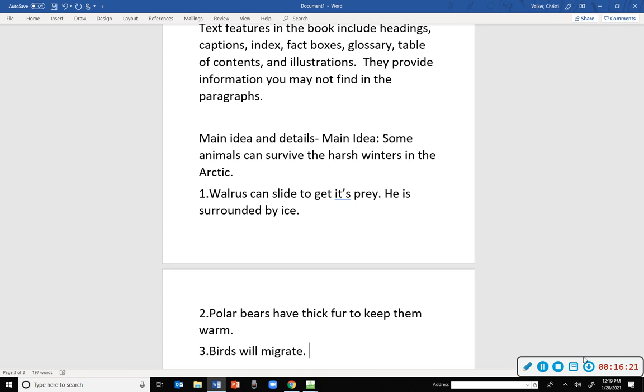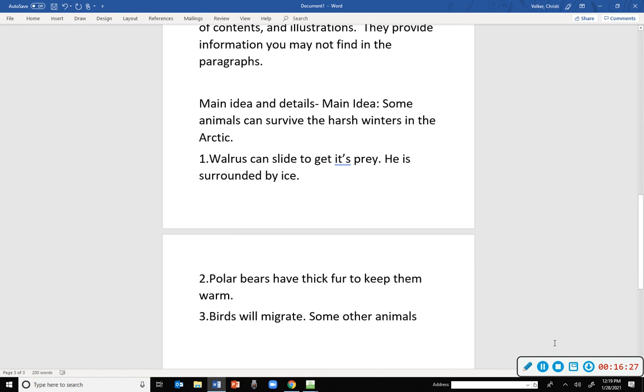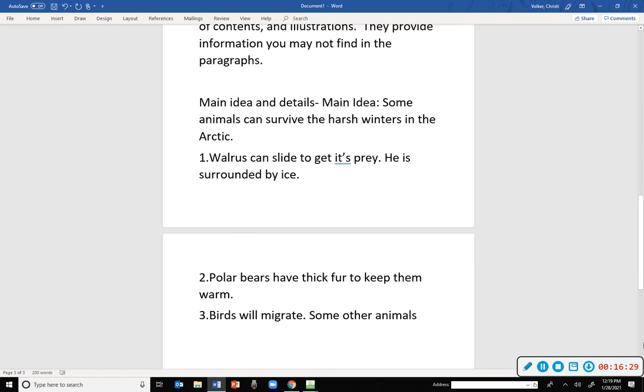Some other animals will, what do bears do in the winter? Hibernate. Good. They sleep until it gets warmer. So they store up their body fat, and they're not using too much body fat, because if you burn too many calories, you'll starve.